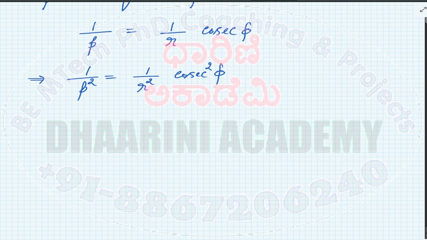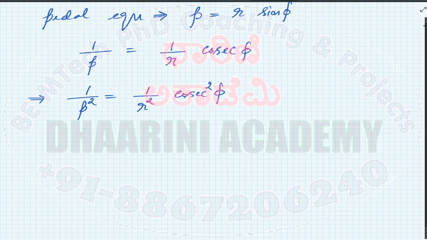I know the value of cot phi, right? So that's a clue now. The idea is we use a trigonometric identity, that is, if you have cosecant square theta, I can replace it as 1 plus cot square theta. So you see now, this is the idea.